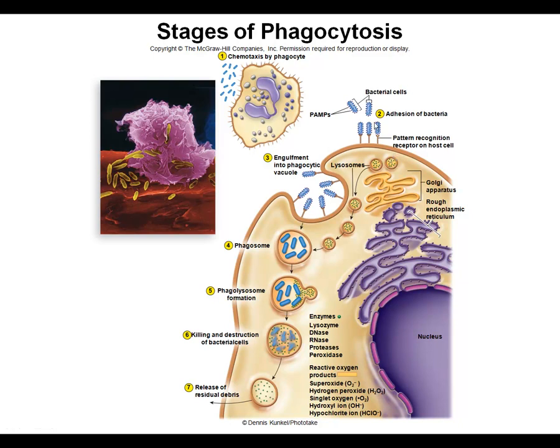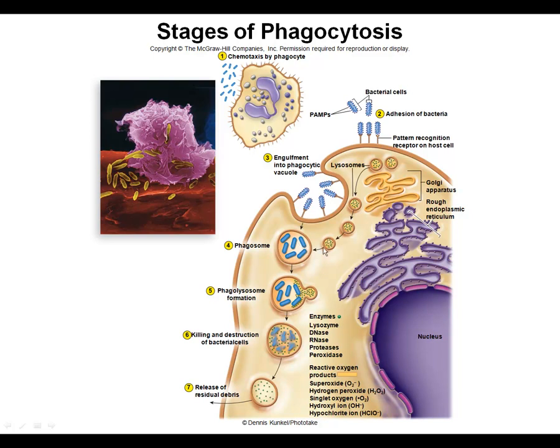That causes an invagination, and these pseudopod-type arms come and fold up against each other and produce this phagosome, which encloses all of these microbes.